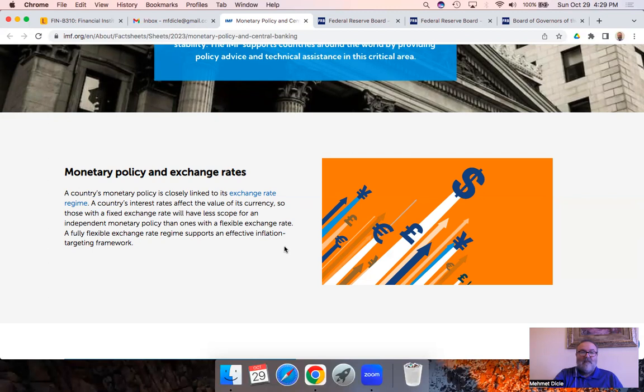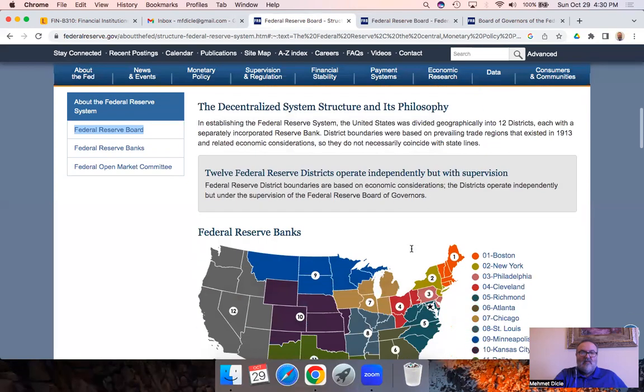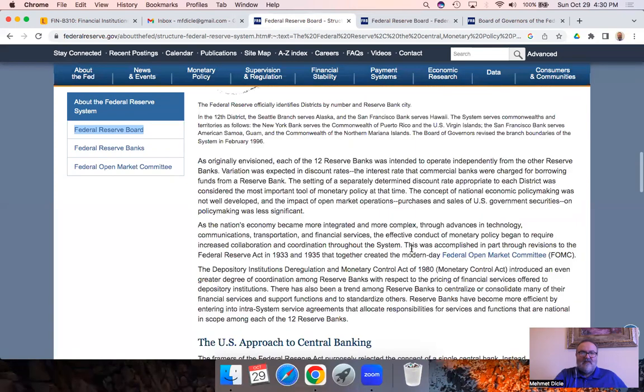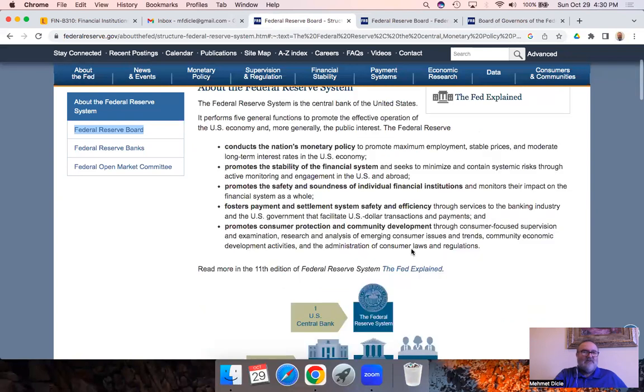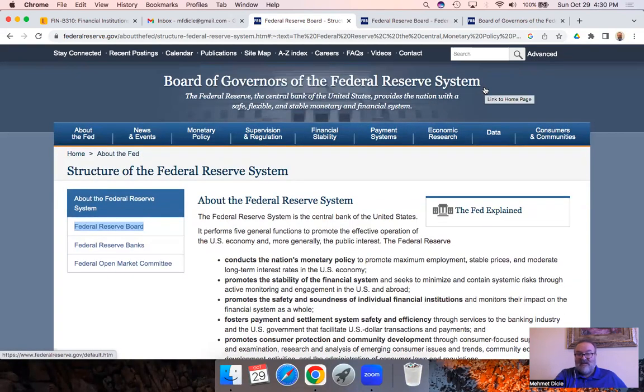So let's take a look at how the Federal Reserve banking system is constructed. I will provide a link for the Federal Reserve System that explains it. They actually have a book, and obviously this is an exhaustive amount of data.